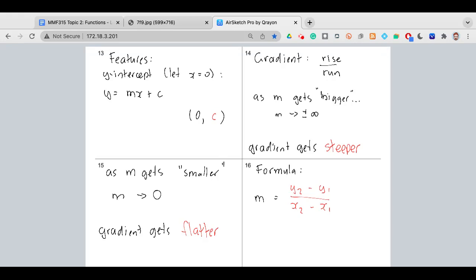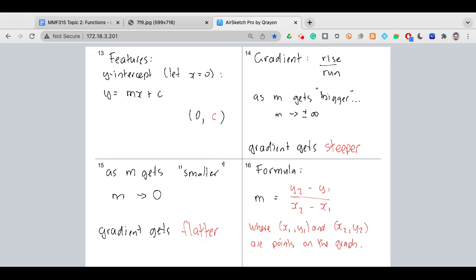Don't write this down unless you need to. Okay, easy as. Now it doesn't matter where the coordinates are, as long as you get them round the right way each time. So as long as you match up x1 and y1 and x2 and y2.